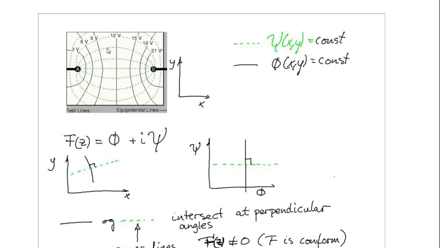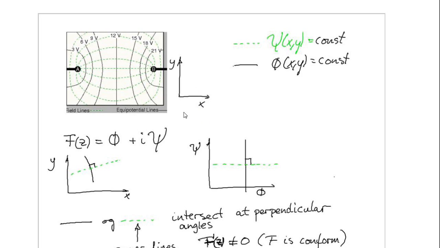They will move along these green lines. And it turns out that these green lines are exactly the lines where the imaginary part of this complex potential is constant.